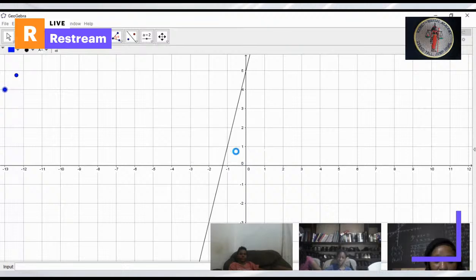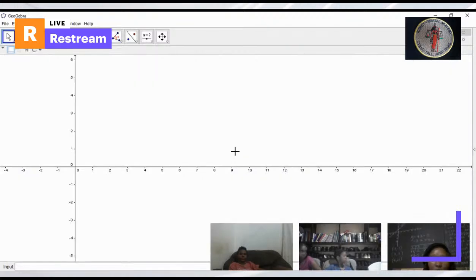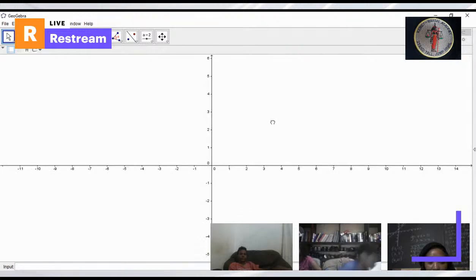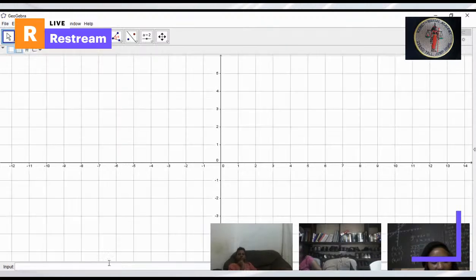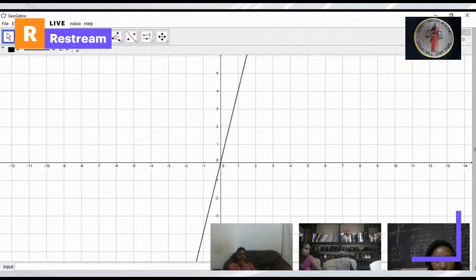All right, what I want us to do now, we're going to just look at how the line changes on the input that you give. So let's start with a line y equals 4x. All right, so that's a line y equals 4x. I want you to pay attention to what is going to happen to the line as we either add something to it or subtract something from it, right?